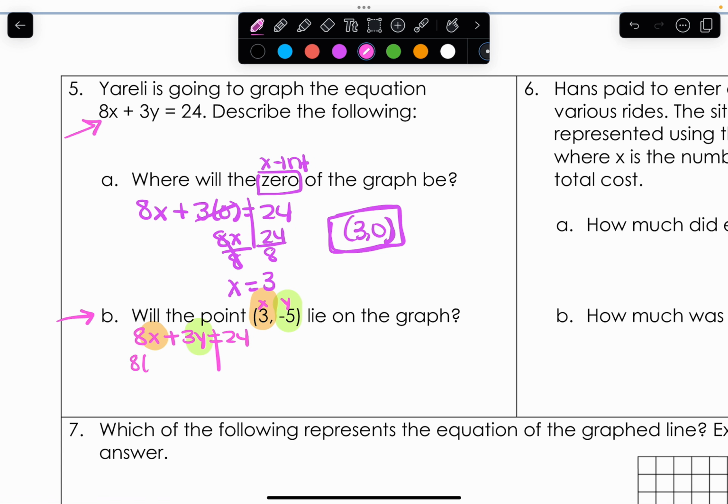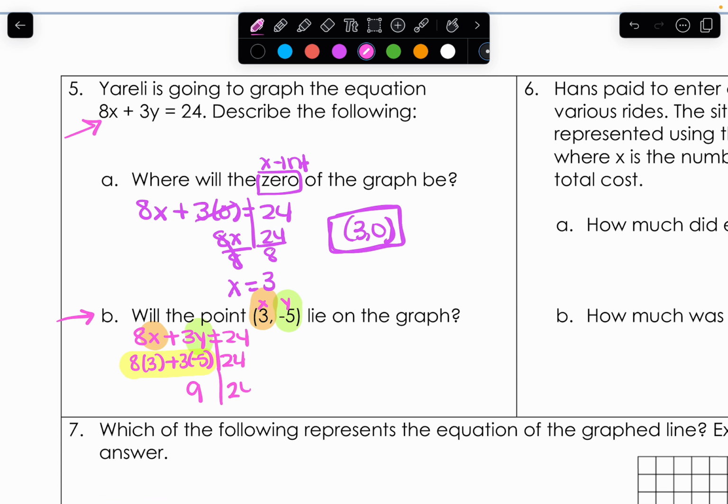8 times 3 plus 3 times negative 5 equals 24. Now I can put this whole side of the equation into the calculator. And once I put that into the calculator with parentheses and everything, you should get the number 9.